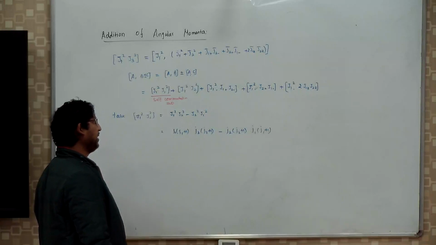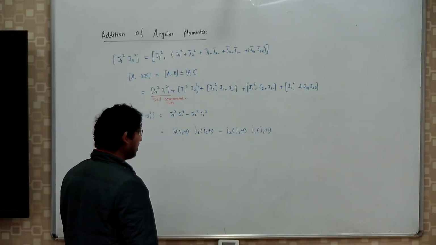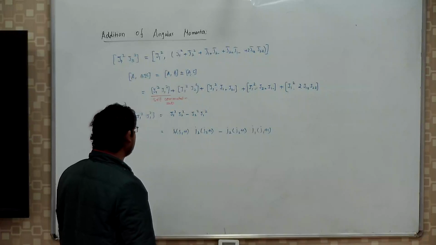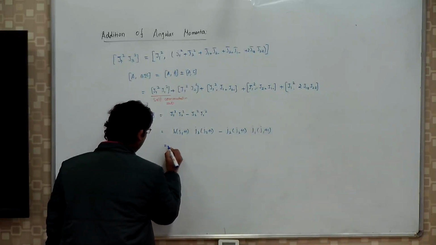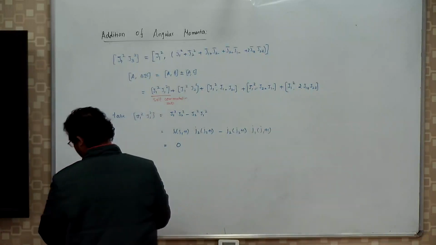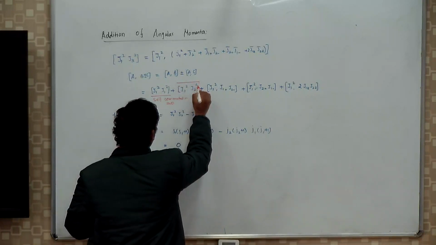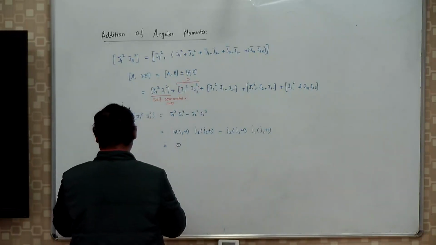So if we multiply two numbers, say 2 by 3 minus 3 by 2, we will get 0. So this value is again 0, and this term is also becoming 0.